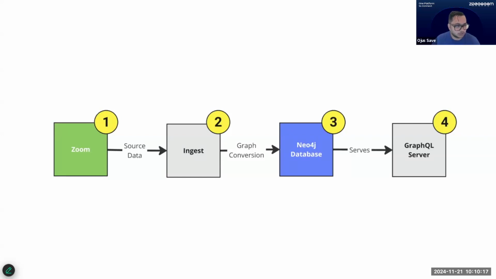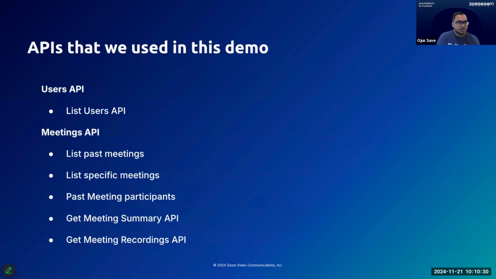Jason is going to go into that with details. I'll just quickly walk you through some of the basic steps on how I configured the marketplace app, how I made the API calls, and then Jason will take over from there.